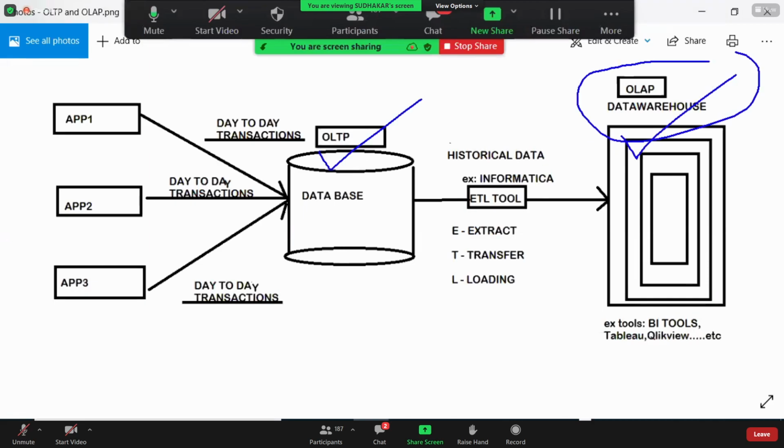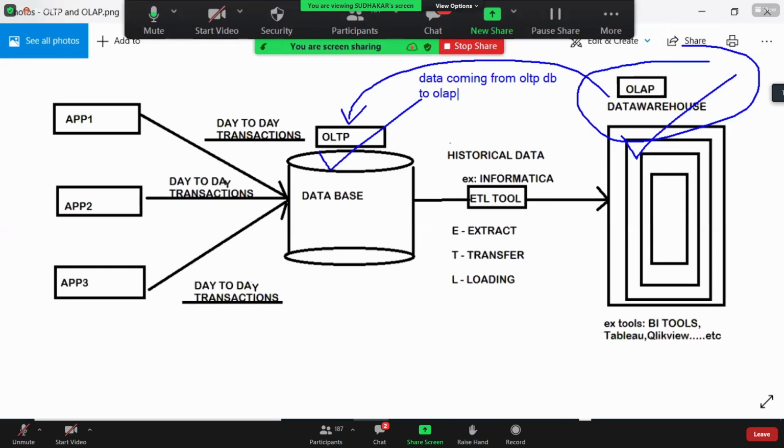But OLAP data always comes from OLTP. It's a very important point. Where does the OLAP database data come from? The data comes from the OLTP database to OLAP.